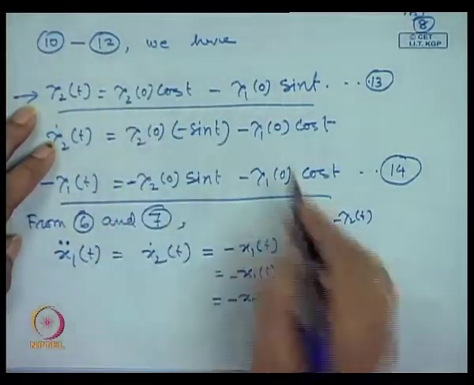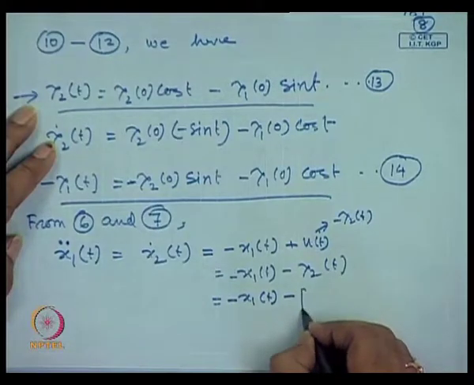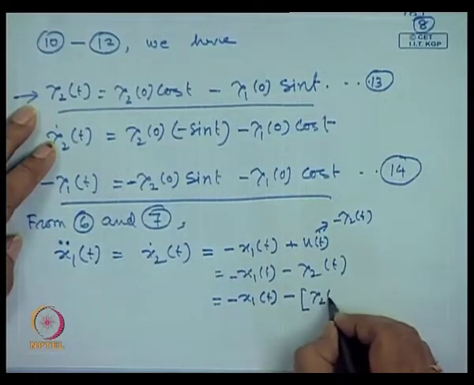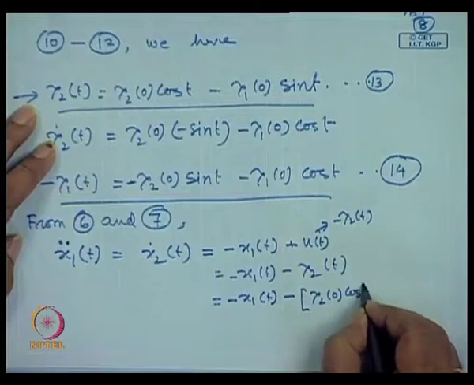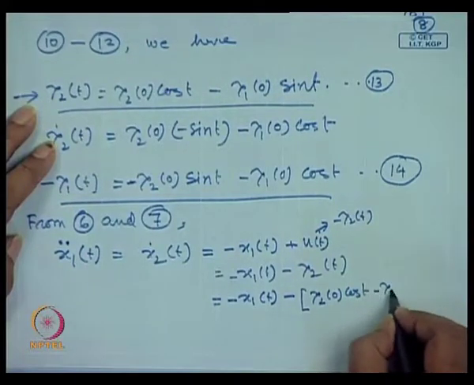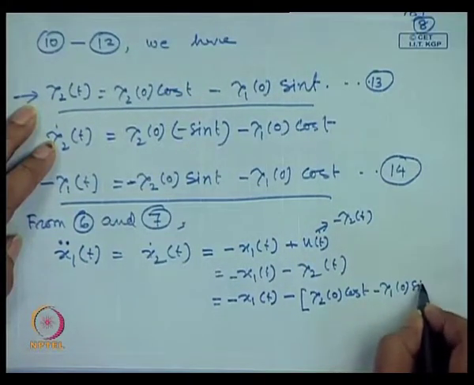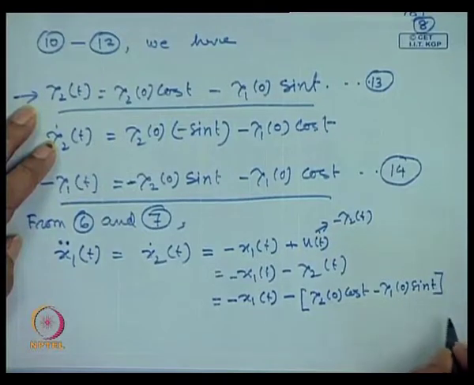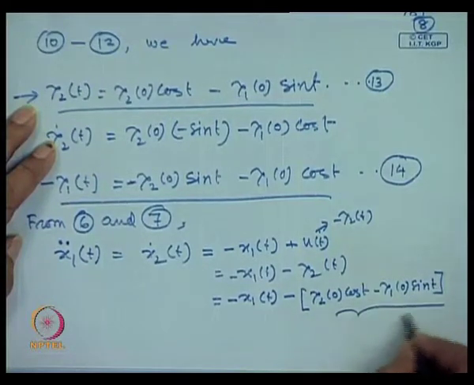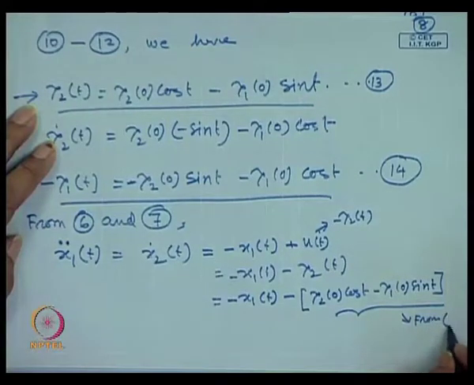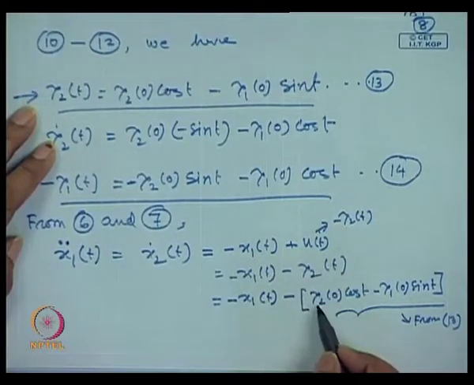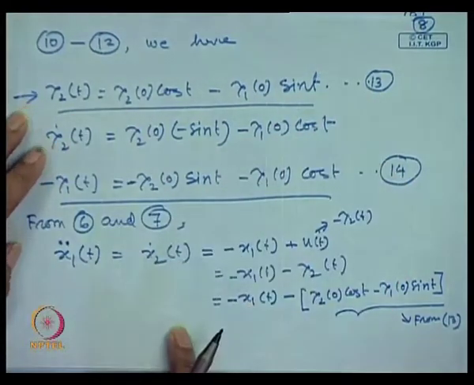So, I will write that expression: minus lambda 2 of 0 cos t minus lambda 1 of 0 sin t. I am writing this from equation 13. So, replace the lambda 2 value by this one from equation 13.